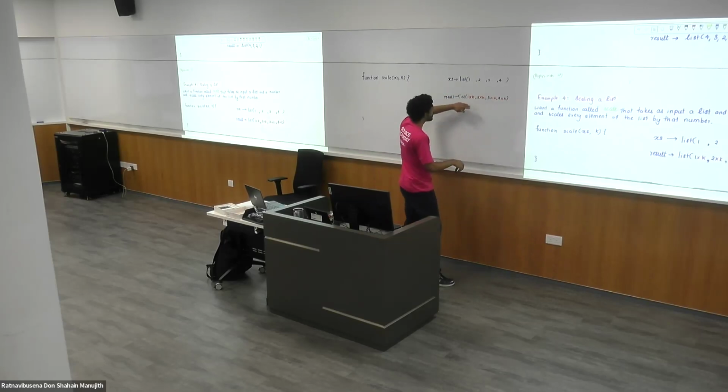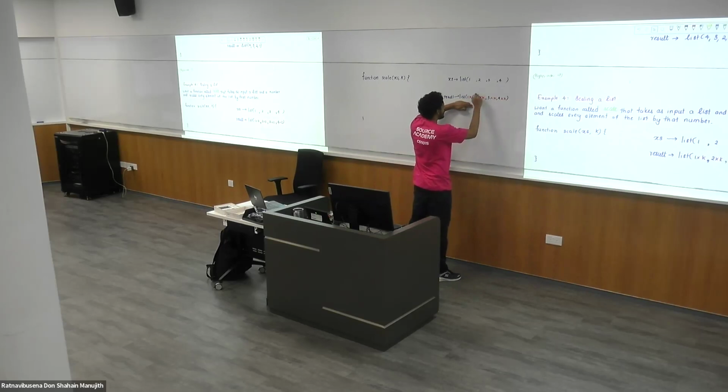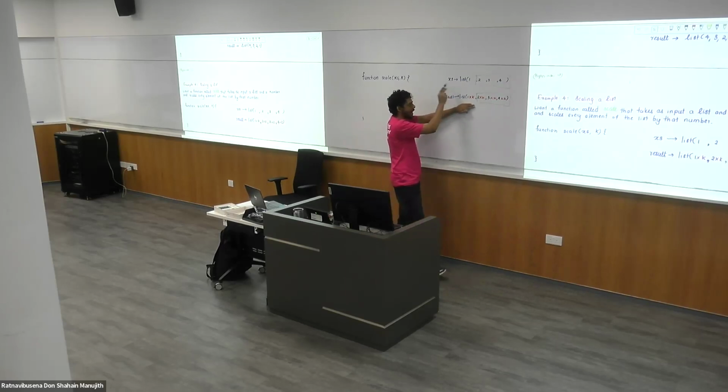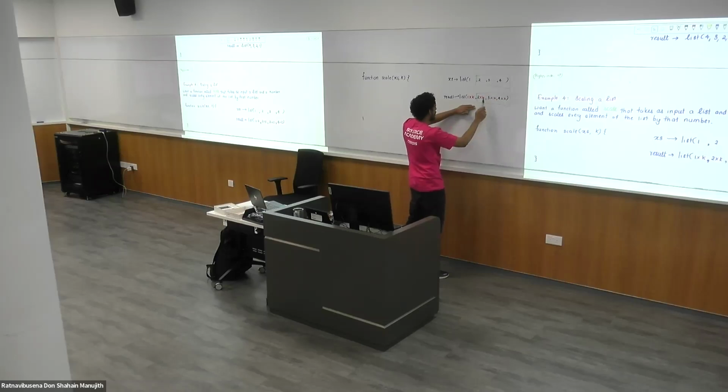If I look at this list, I realize that the tail of the answer can be gotten by scaling the tail of XS. So I reduce the problem size by 1, to the tail of XS. I realized that the tail of the result is actually scaling the tail of XS.